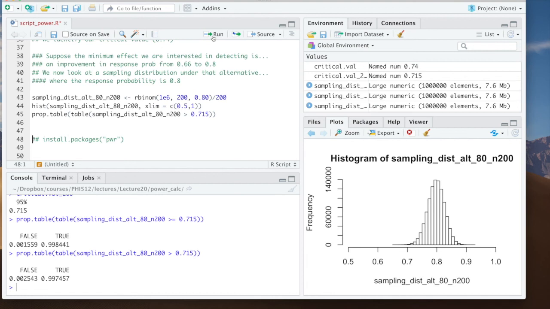So again, big picture, we have two sampling distributions we care about, one under the null that gives us our critical values that we need to exceed to reject the null hypothesis, and then one under the alternative that we use to understand how often we exceed that critical value or that threshold of significance, right? And what did I do? I thought about modifying the number of patients, right?